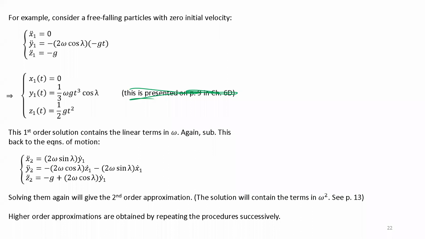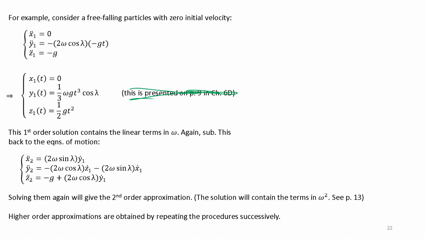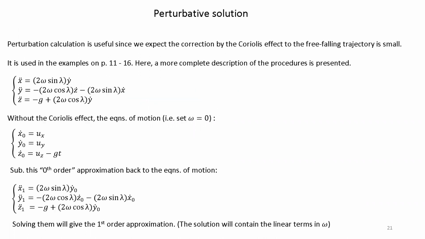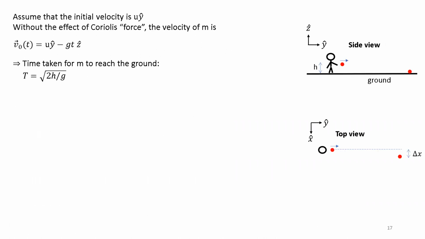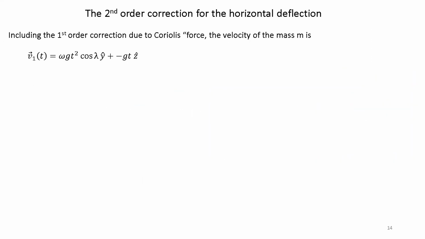But what you realize is that every time you do a further step, the improvement that you get is getting smaller and smaller. So now let me also show you how to do the second order solution. Then we'll end here.